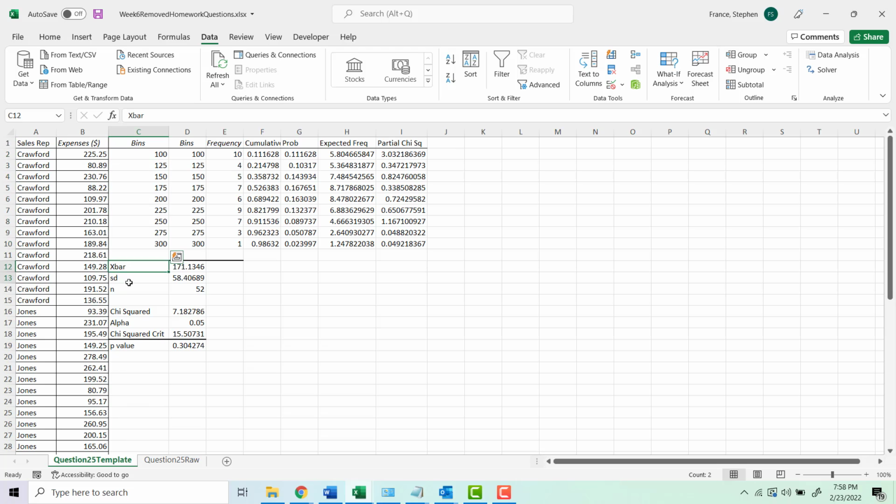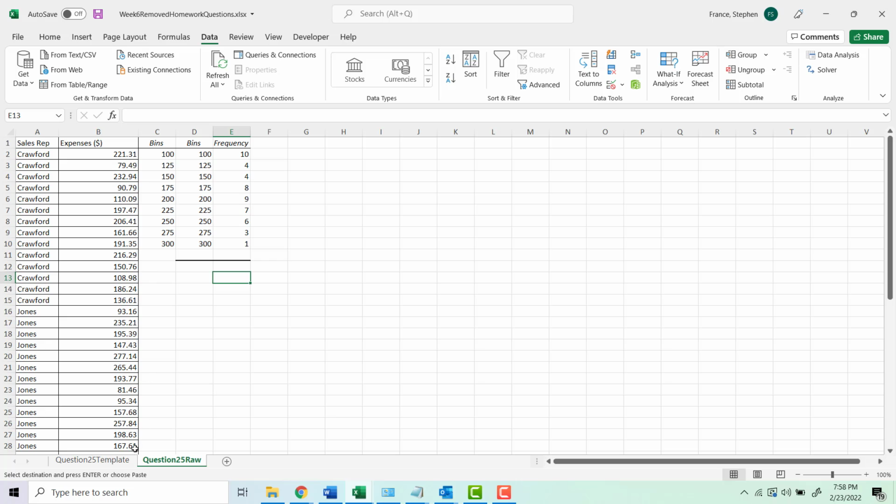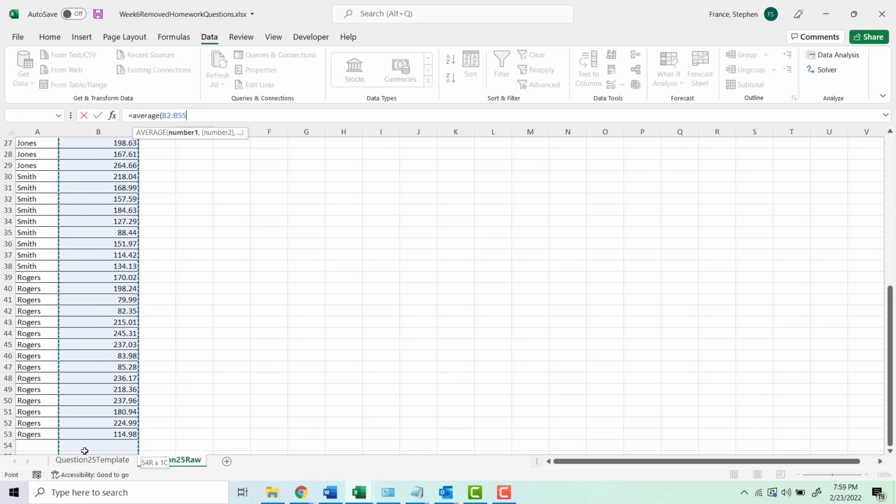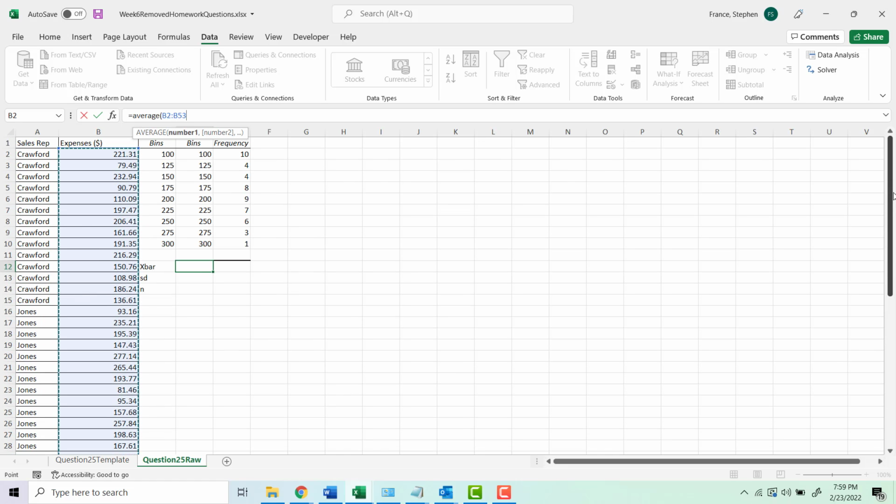We have the mean, standard deviation, and the N in C12 to C14. We need this because we're going to see what frequency we'd expect if we had a normal distribution with this mean and standard deviation. So the X bar is just going to be AVERAGE. We had B1 before because we included the labels, but it's just going to be B2 to B53.